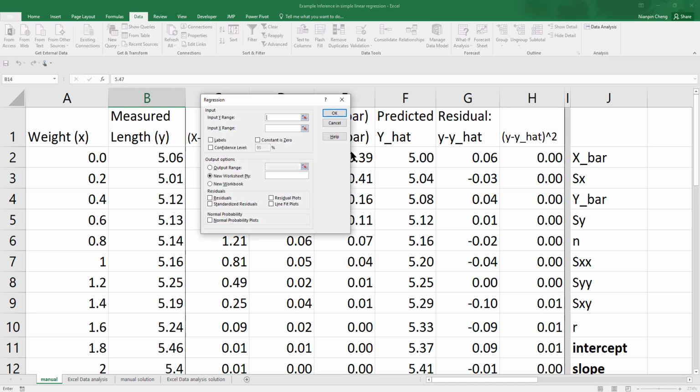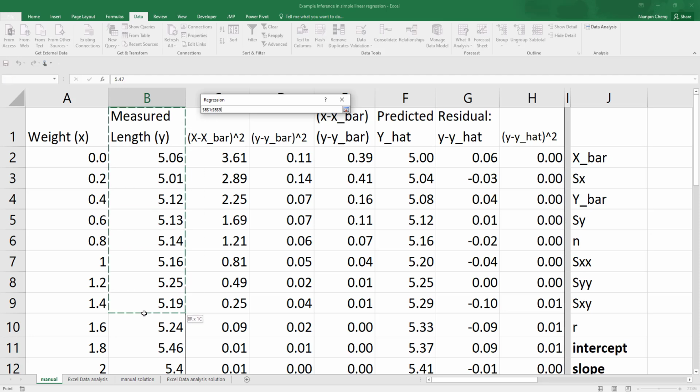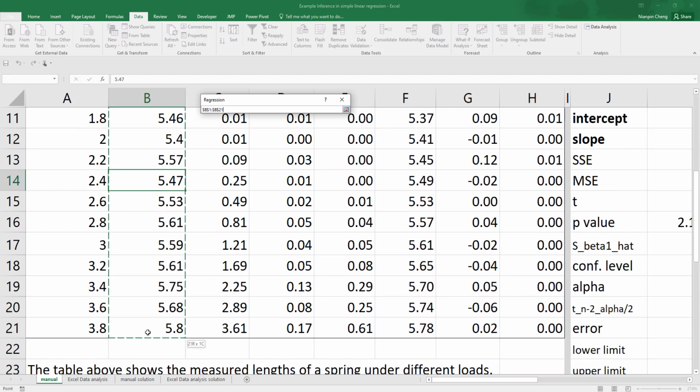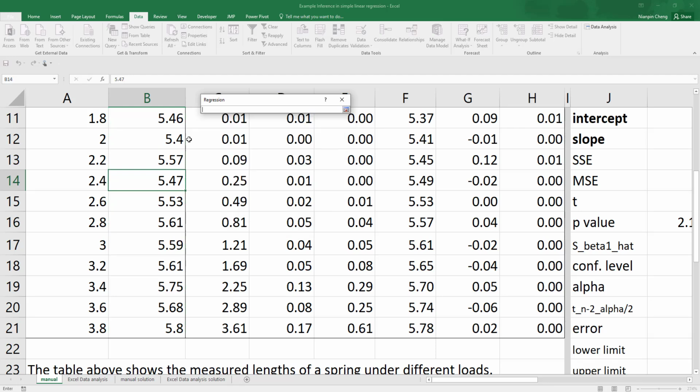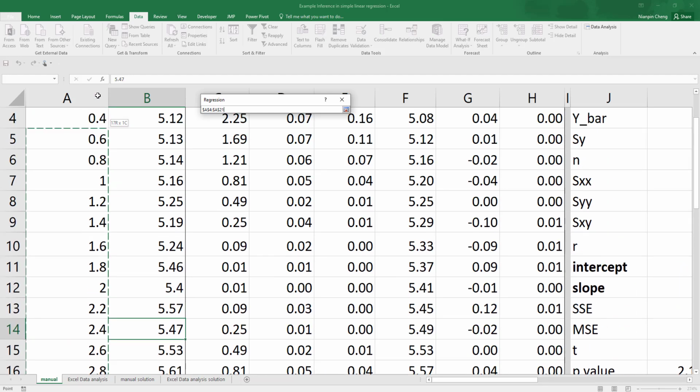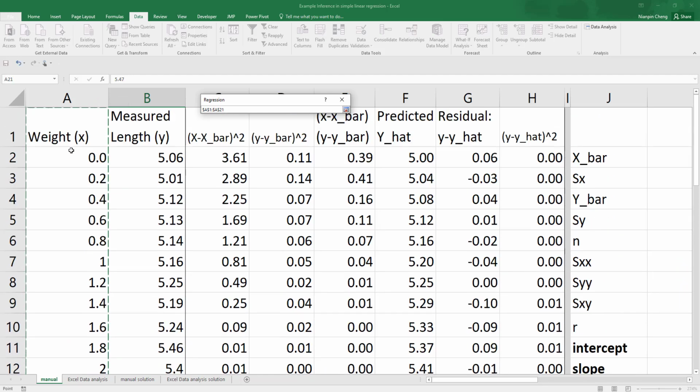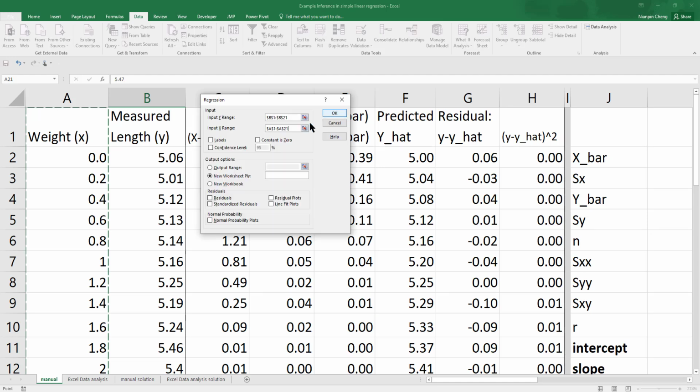We click Regression, and then we have the Input Y Range. So this is y, the response variable, and then the Input X Range, that's the explanatory variable. We include the name of the column, and then we check Labels. That means the first row is the name of the column.